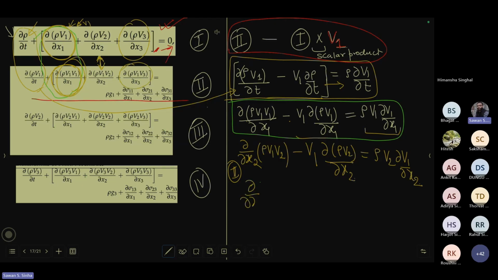I do del x3 of rho V1 V3 minus V1 del x3 rho V3. I get rho V3 del V1 del x3.